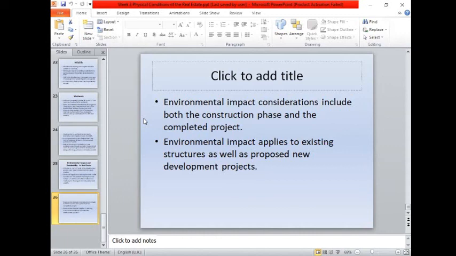So there's an environmental impact. And of course, make sure that if there's a development of real estate, we must also consider environmental sustainability.